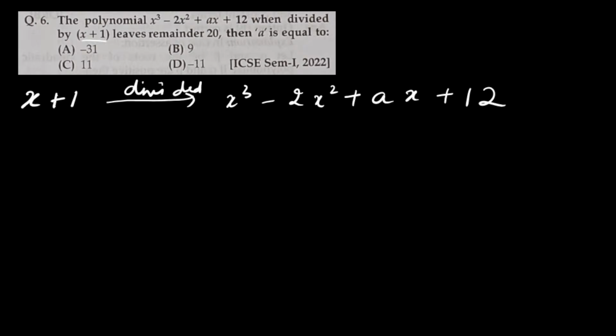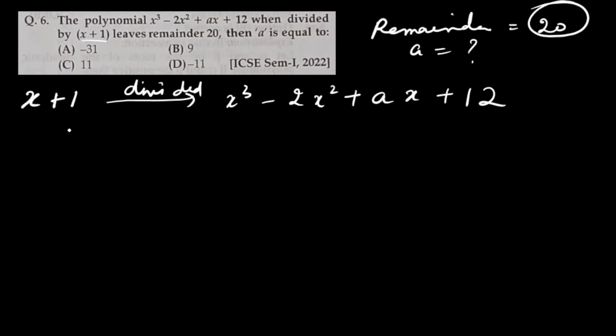But here the language of the question is changed. They have mentioned that when this polynomial is divided by this, we are getting remainder 20. So we have to find the value of a.